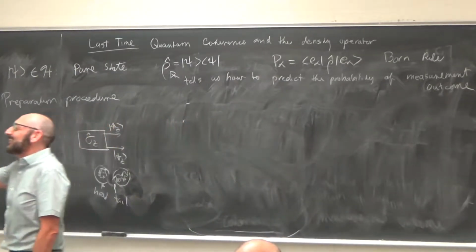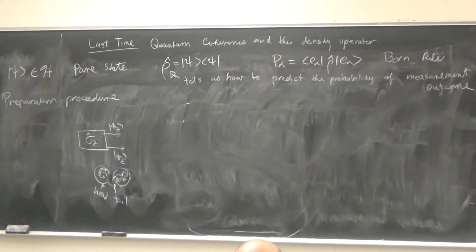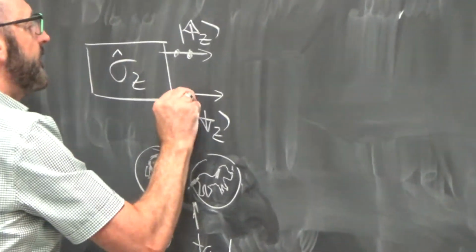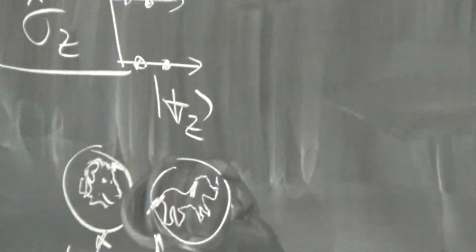All right. Well, give me a break. So the point here is that the preparer is going to flip this beautiful coin and decide whether to spit out one of the atoms that comes out in this beam or another one. Okay.